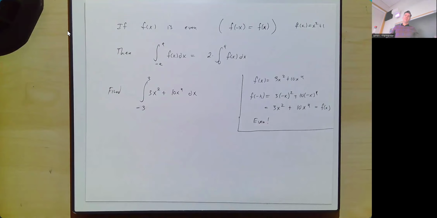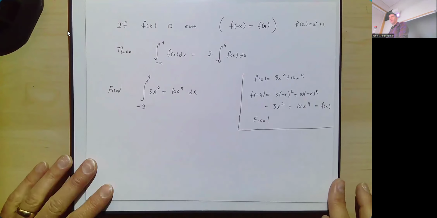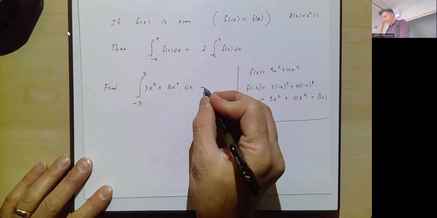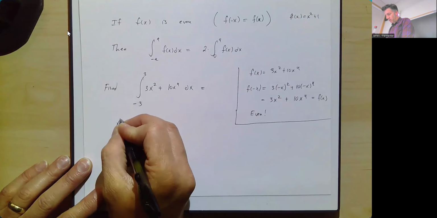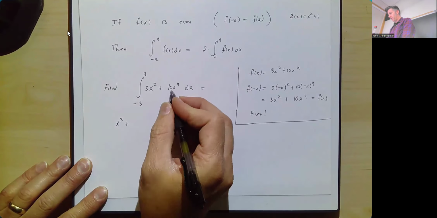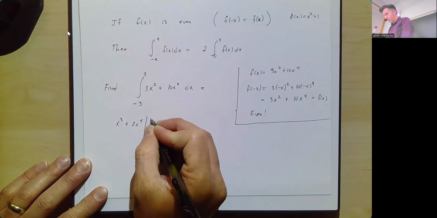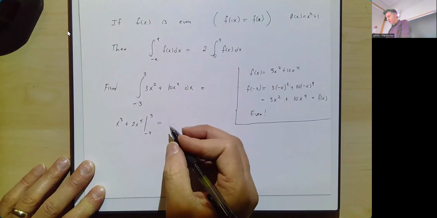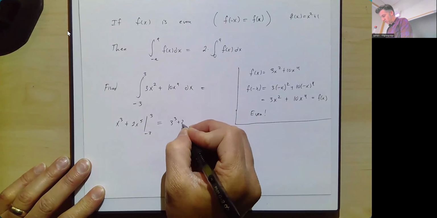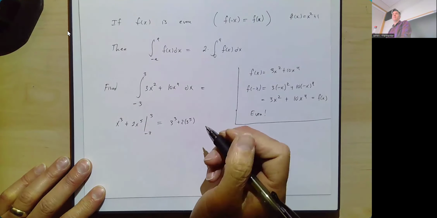Here's why this is semi-useful. Watch this for a second. If I do this integral this way, I'm going to get x cubed plus 10x to the 5th over 5, which is 2x to the 5th, evaluated from -3 to 3. Then I plug in 3, and I get 3 cubed plus 2 times 3 to the 5th. I didn't really think about how big that number was going to be.